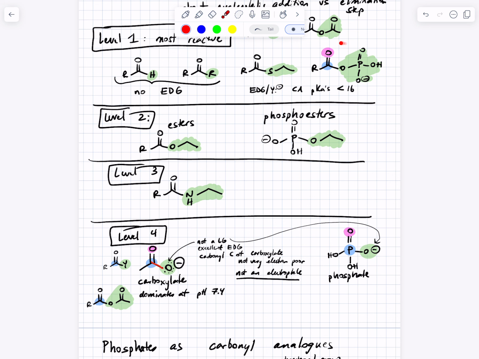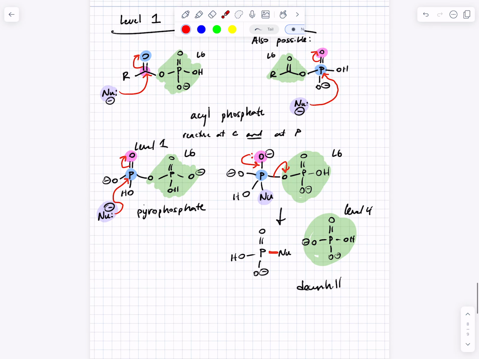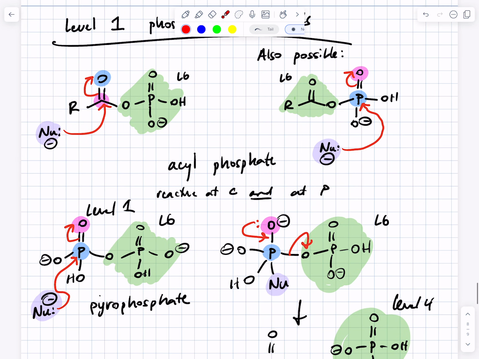The last thing we did is we talked about this acyl phosphate that we've already seen as a reactive carbonyl derivative. And I pointed out how normally we've thought about a nucleophile attacking the carbonyl carbon to get a tetrahedral intermediate. But the nucleophile could also attack the phosphoryl group at the phosphorus, and electrons kick up onto the oxygen.